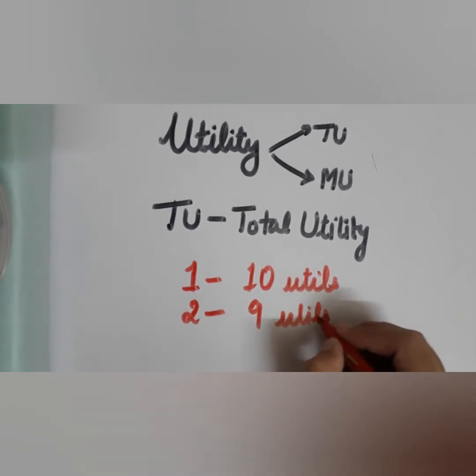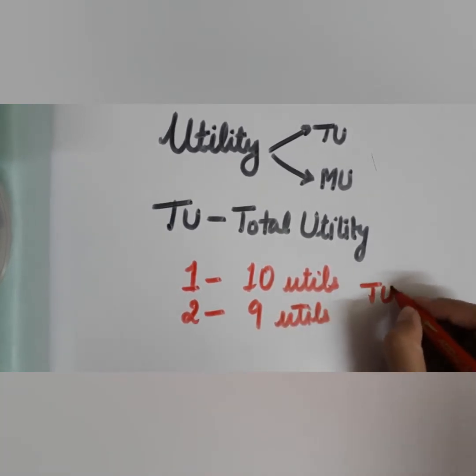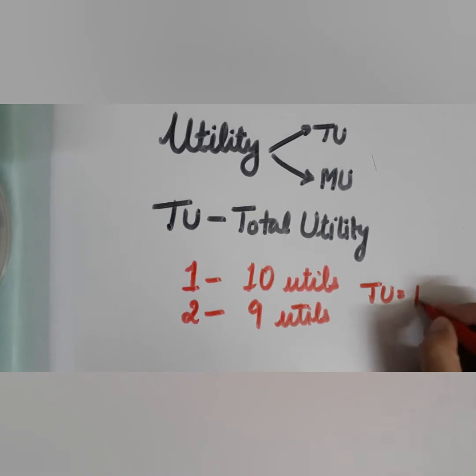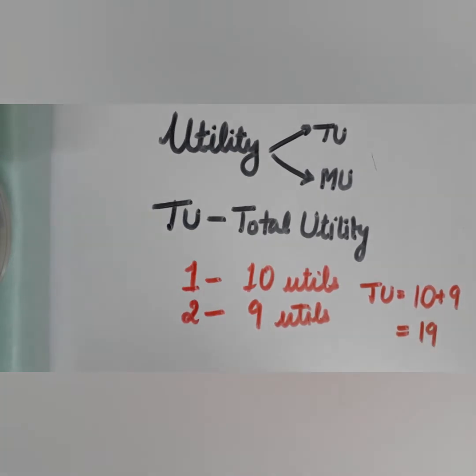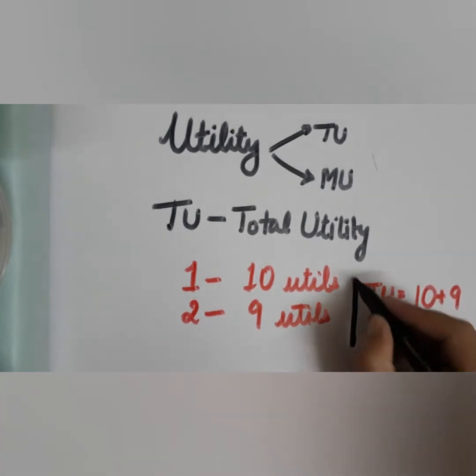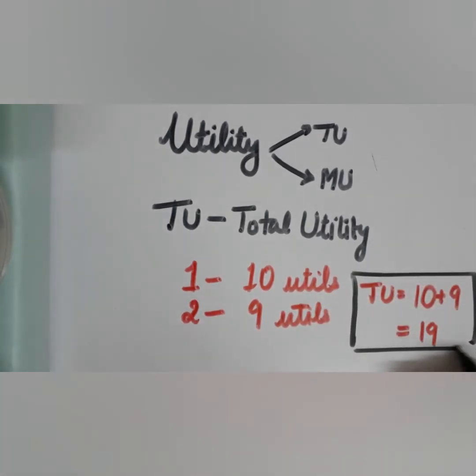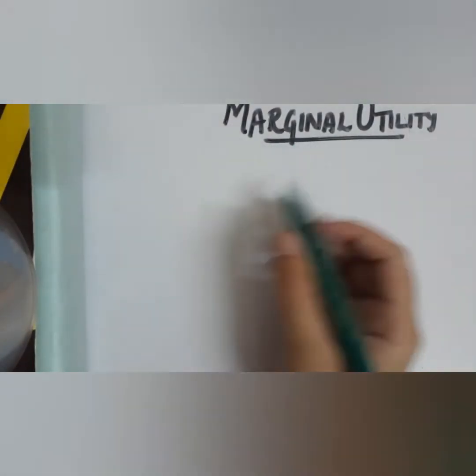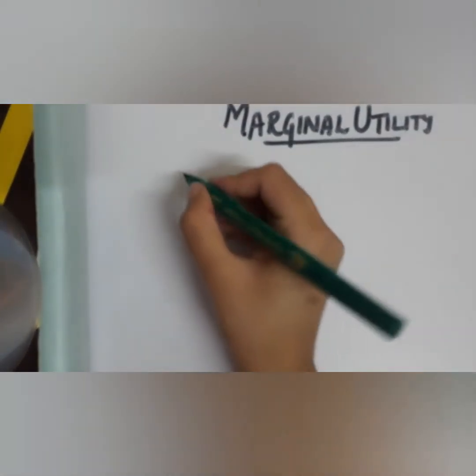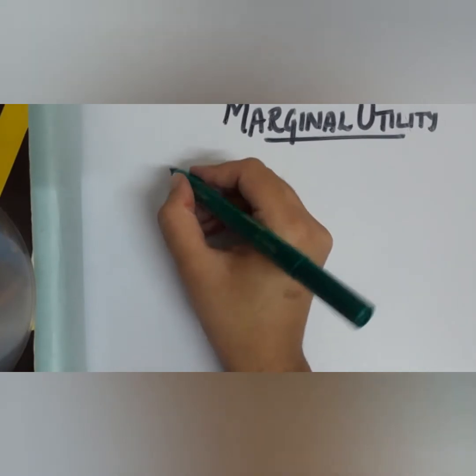So the total utility, TU, will be the utility of the first unit plus the utility of the second unit, that is 19. This is your total utility. So in this way you can calculate your total utility. Now, starting with the concept of marginal utility, we will be making a table. First of all, here I'll be taking the units.